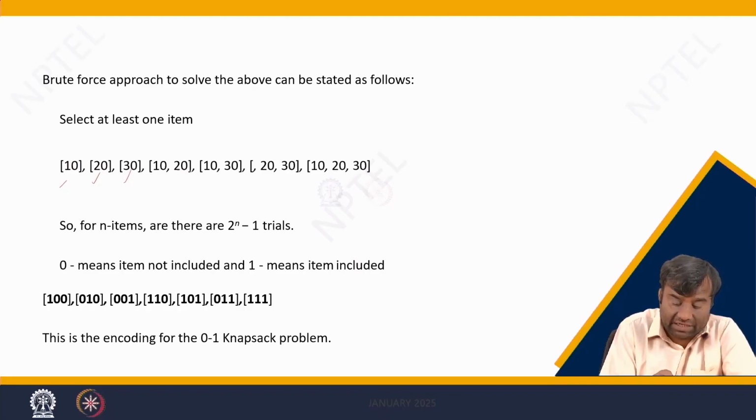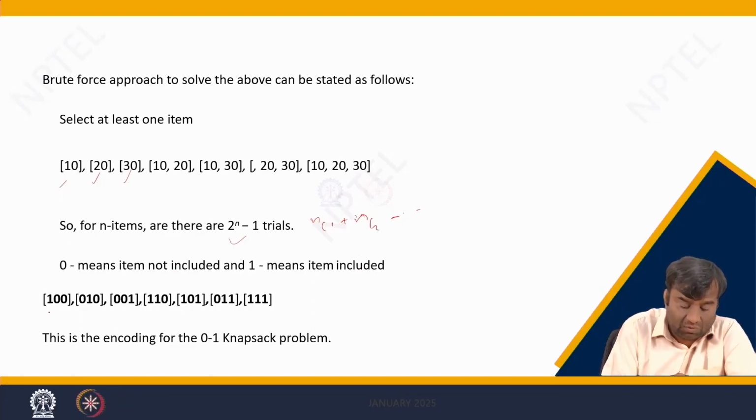Then first and second are selected, first and third, second and third, and all are selected. So for n items there are 2 to the power n minus 1 trials, that is NC1, then NC2, then ultimately NCN. So 0 means item not included, 1 means item included. So that is the one encoding technique.